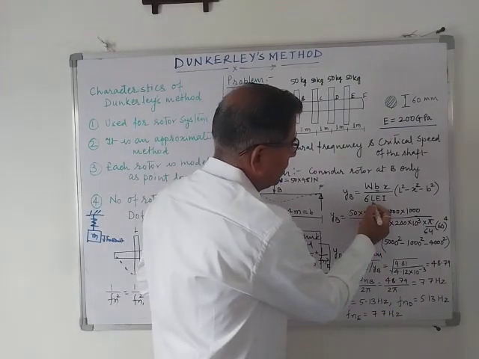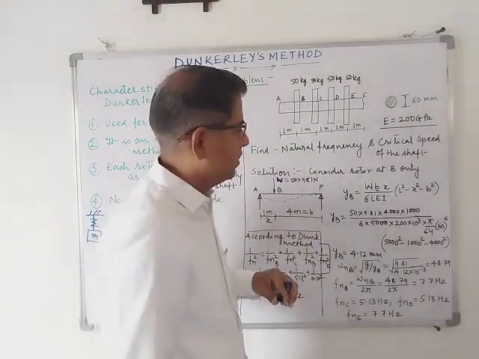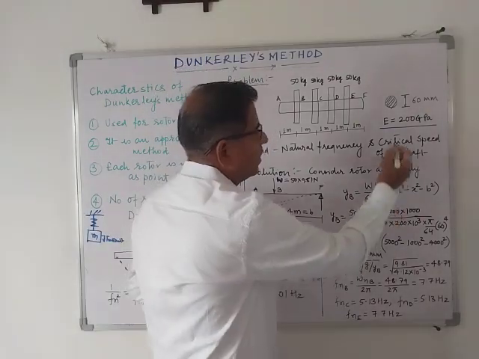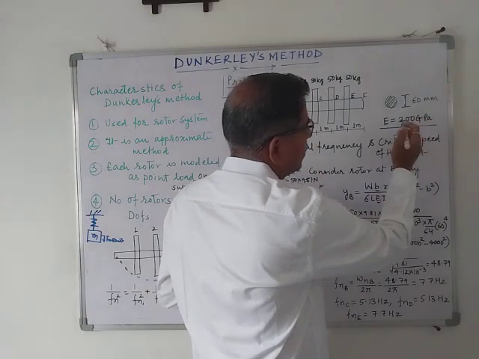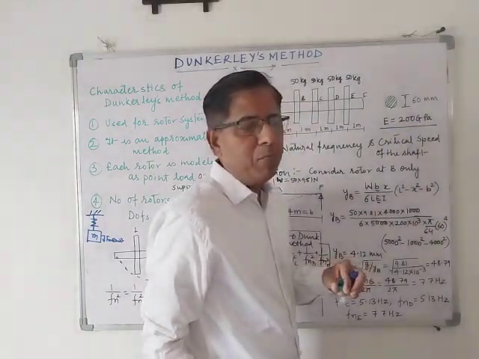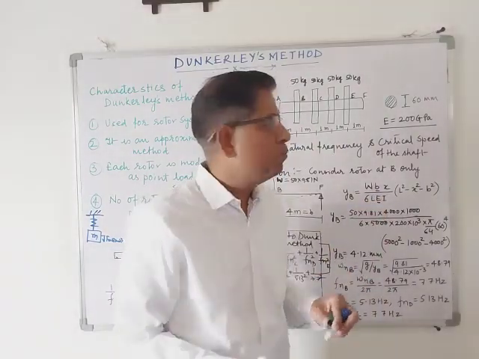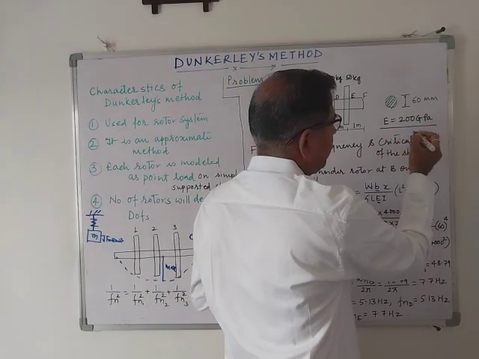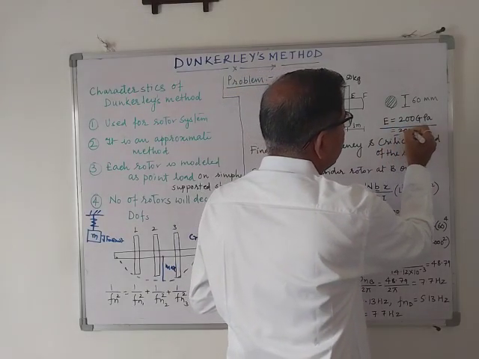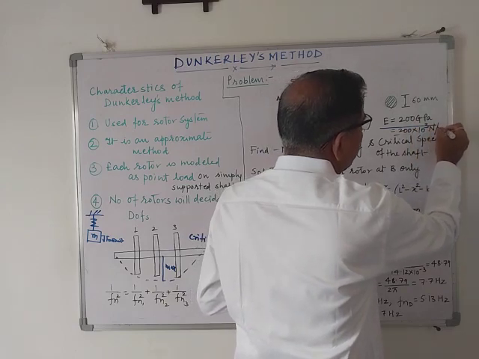Then L stands for the complete length of the shaft. E stands for the Young's modulus. The Young's modulus is given in GPa, so we'll convert into Newton mm. We'll put all these values in Newton and mm only. So convert this 200 GPa into Newton per mm square as 200 into 10 to the power 3 Newton per mm square.